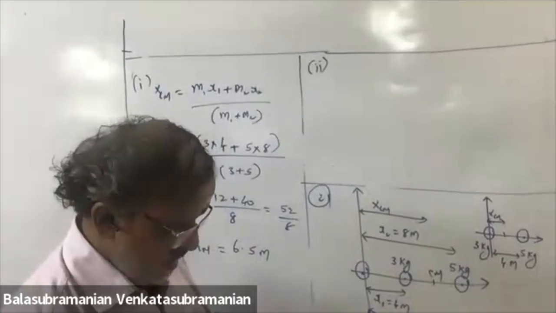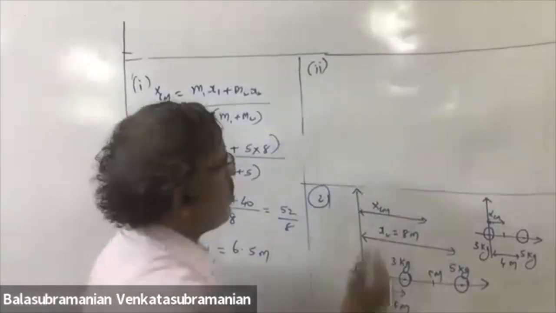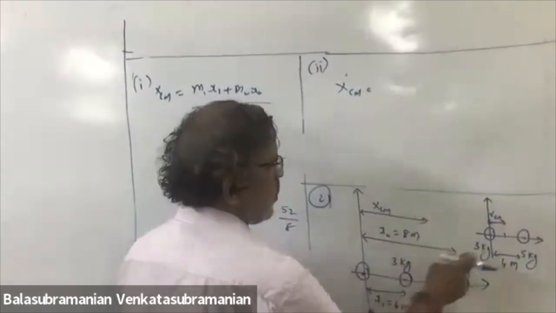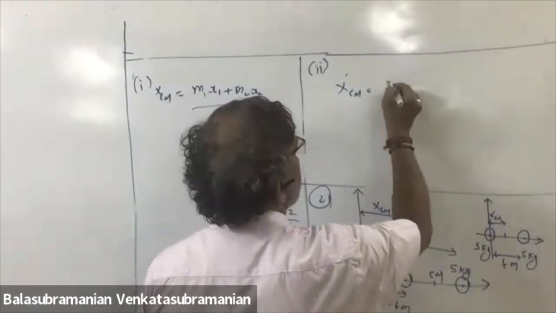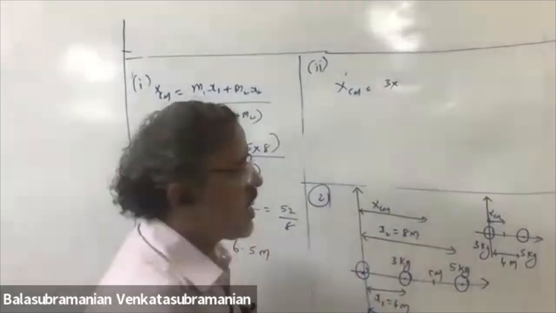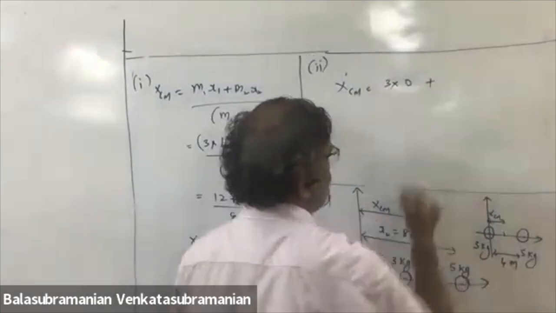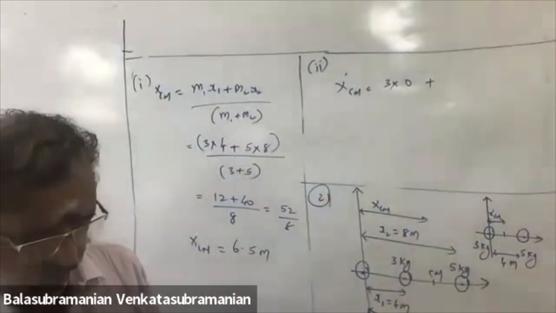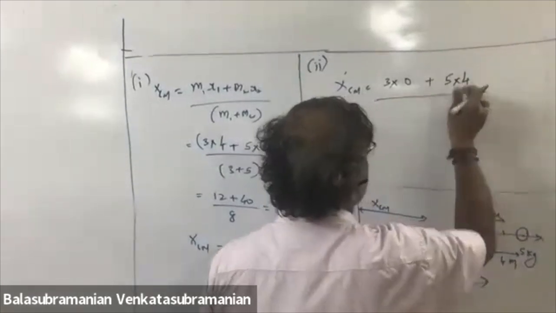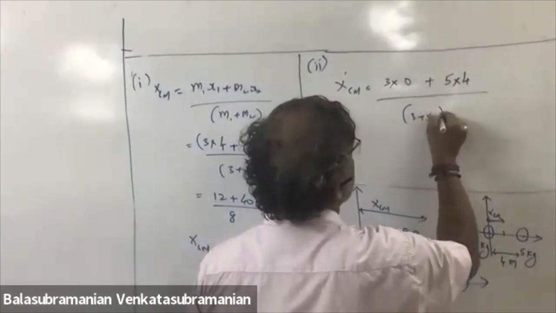Same formula, no change at all. X dash cm is m1x1 plus m2x2 over m1 plus m2. m1 is 3. Since the 3 kilogram is at the origin, we can write 0, plus the 5 kilogram situated at a distance of 4 meters, divided by 3 plus 5.